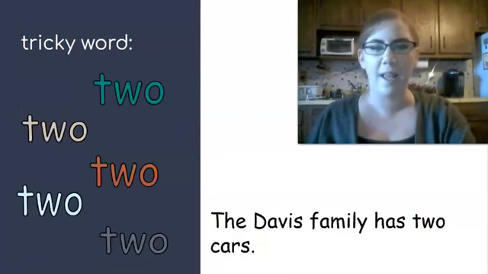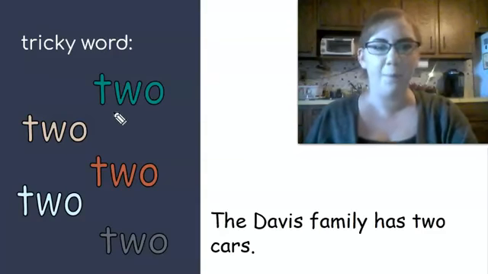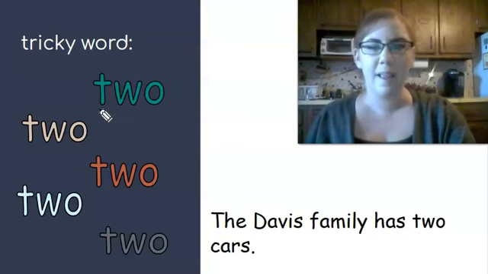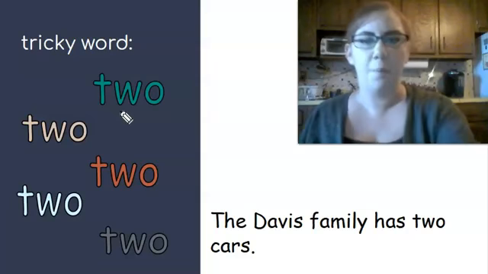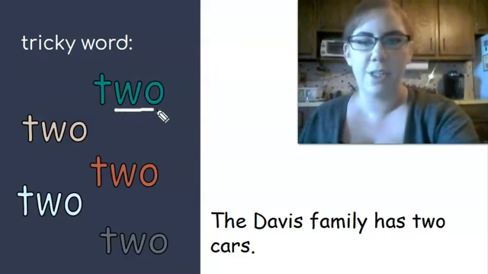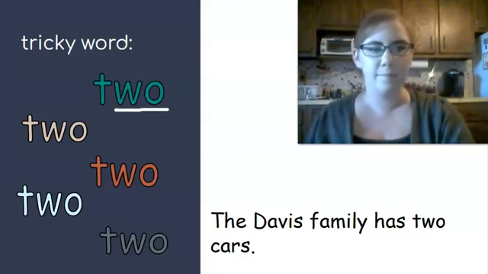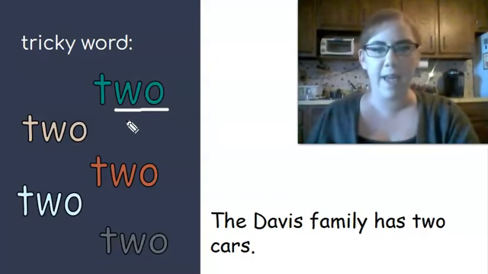Let's look at another tricky word. This one is a number word, and we've seen it before. We learned about it in kindergarten. This tricky word is two. It definitely doesn't look like it says two. The T says the right sound, but the W-O says oo instead of w-ah. What's this tricky word again?